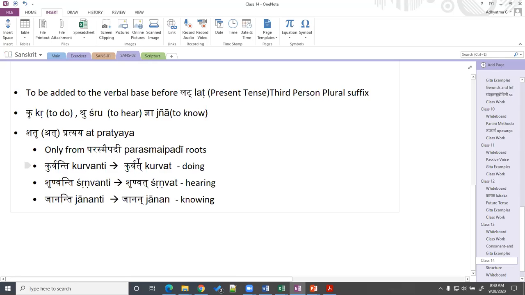From karoti, if I use that logic, it will become karot. But the actual word is kurvat. So that's why we take the third person plural, so that you don't have to switch. For some roots use singular form, for some roots use plural form. You can universally use the third person plural form.